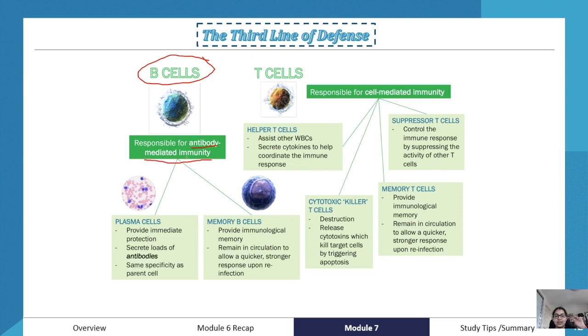I've recognized that it has different antigens. We've recognized that, and now we've made an antibody to it. So far, just keep that in mind. So the keywords here are antigens and antibodies. So plasma cell provides immediate protection and secretes loads of antibodies to provide that immediate protection. We will talk about, that's not the whole process, it's a simplified process. We will go into it, but just for now, bear with me.